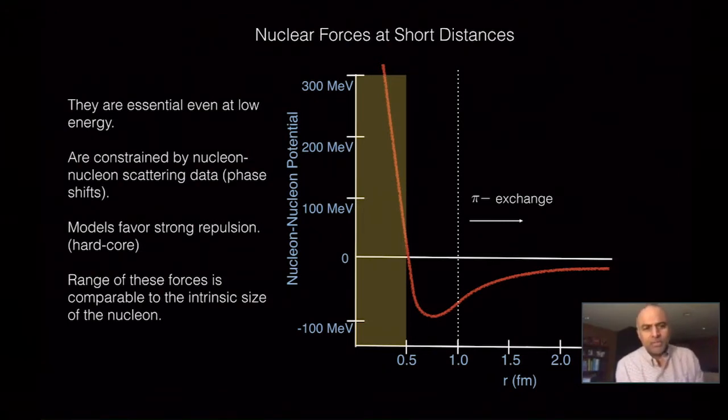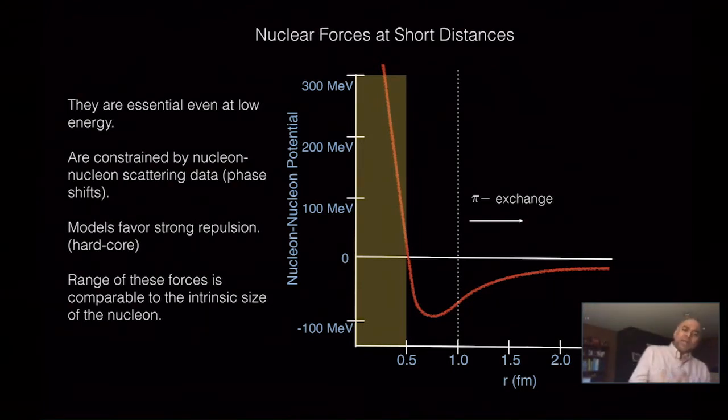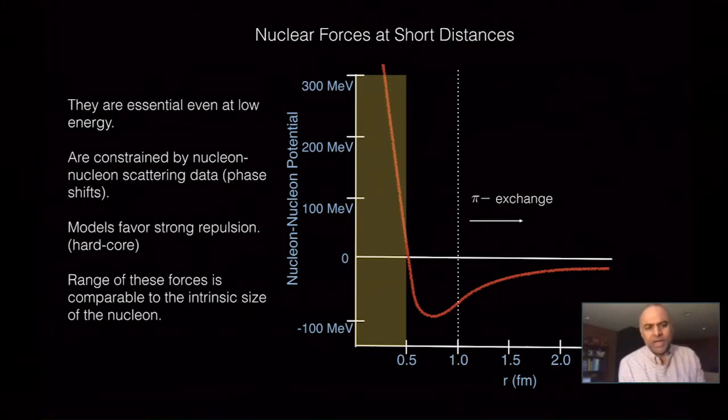So models that try to fit the phase shifts show that at short distances, there is a lot of repulsive force between the nucleons, and that these repulsive forces are essential in addition to the one pion exchange forces that exist at short distances.